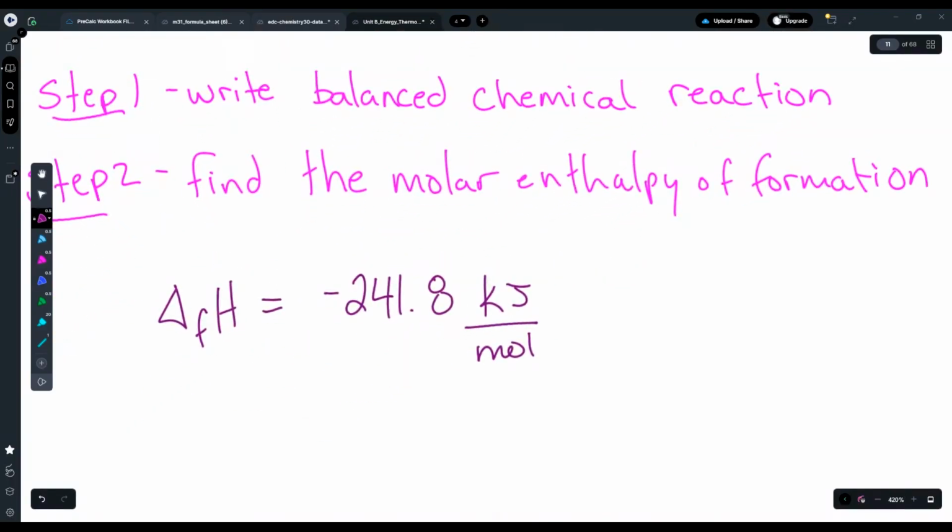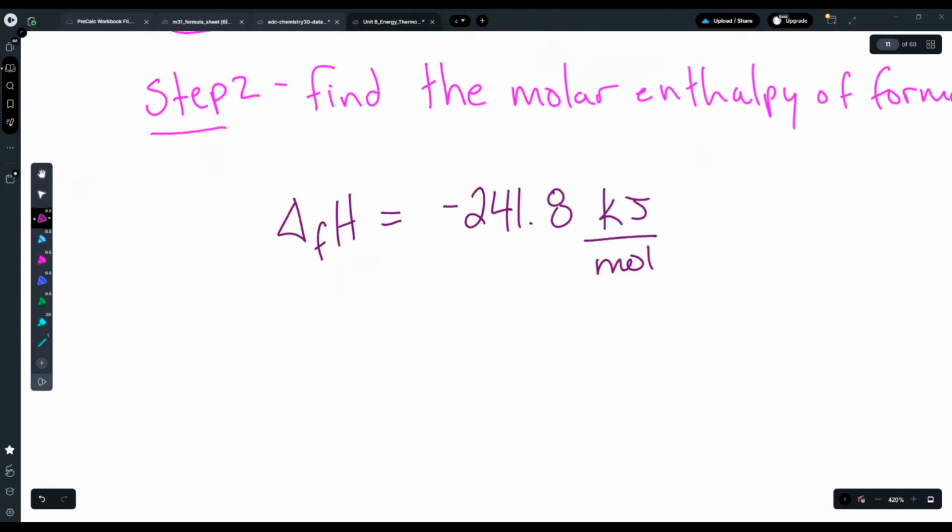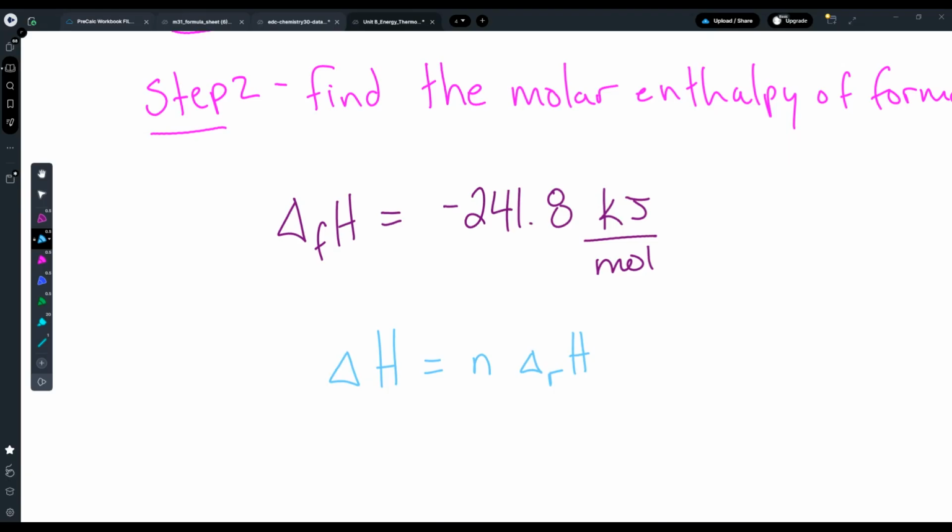Okay, so why I'm paying attention to how many moles of water vapor I have is because of this formula. This enthalpy change is equal to moles times molar enthalpy. It's molar enthalpy of reaction, but in this case, we know that this specific reaction is formation, so I'm going to write formation.